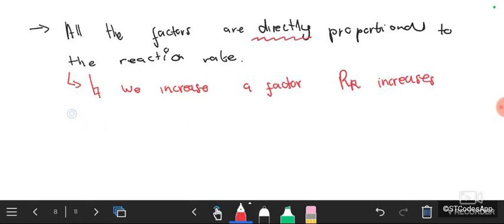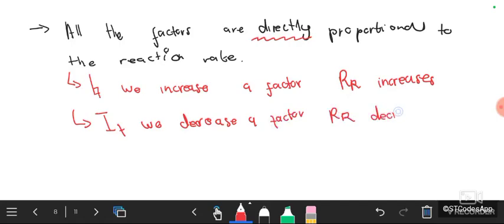This means the same thing. If we decrease a factor, you must be able to understand that the reaction rate will also decrease. So the factors are directly proportional to the reaction rate. Every time we increase the factors, we increase the reaction rate. We decrease the factor, we decrease the reaction rate.